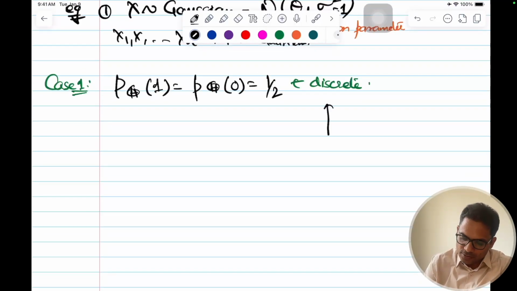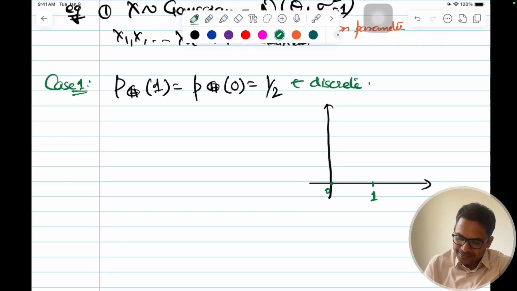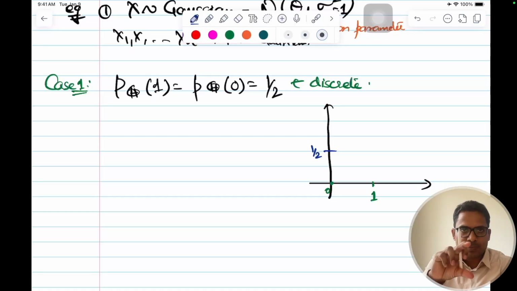So let me draw the PMF for this. Say for example, this is your PMF, and say this is 0 and this is 1, and this is your half mark, 0.5. This is not the earlier uniform. If it was uniform you would have a straight line, but for a PMF the probabilities are concentrated at points.